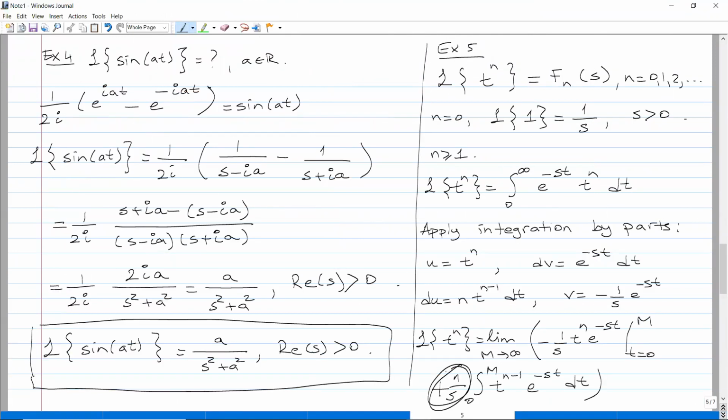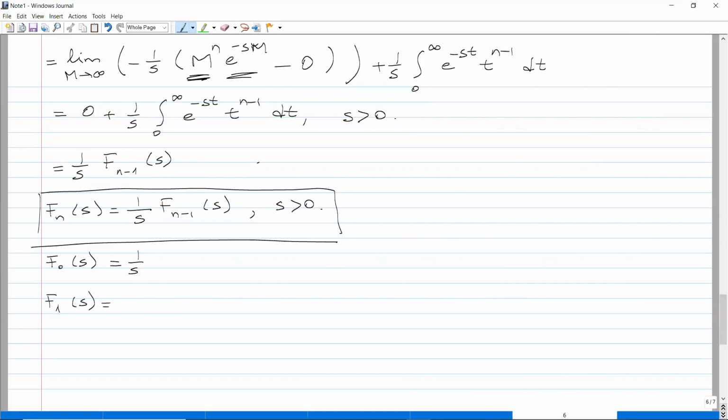Yeah, here I have n over s. This is for n greater than or equal to 1, remember. We know that f sub 0 is 1 over s. So f sub 1 is 1 over s times f sub 0, so this is 1 over s squared.